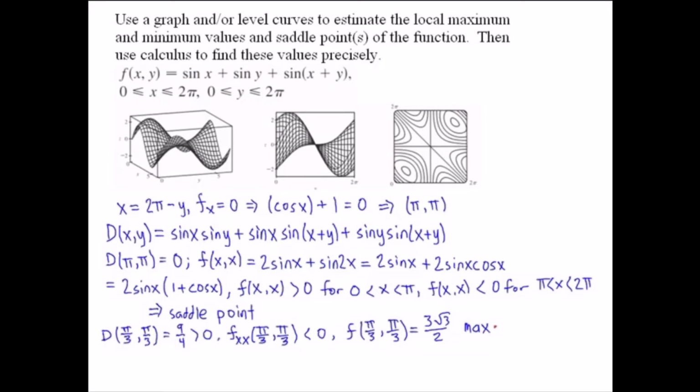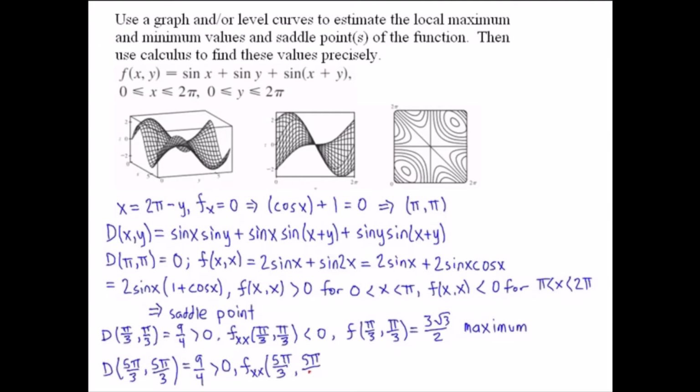And now the test on the point (5 pi divided by 3, 5 pi divided by 3): D is also equal to 9/4, which is greater than 0, and the second partial derivative of the function f with respect to x twice at the point (5 pi divided by 3, 5 pi divided by 3) is greater than 0.